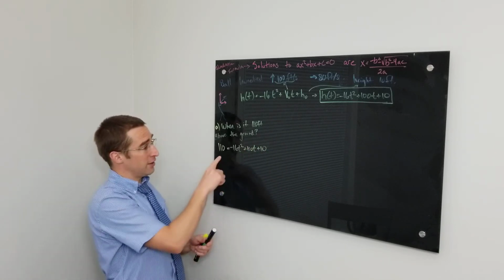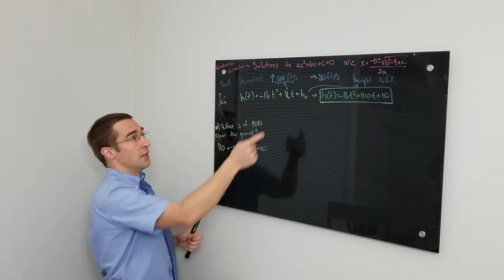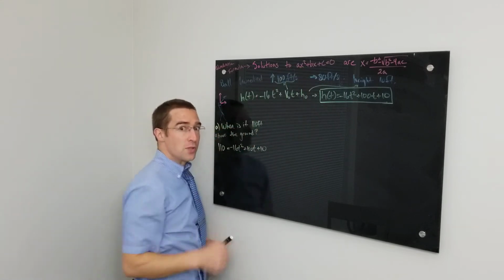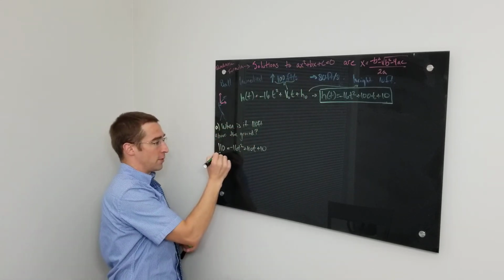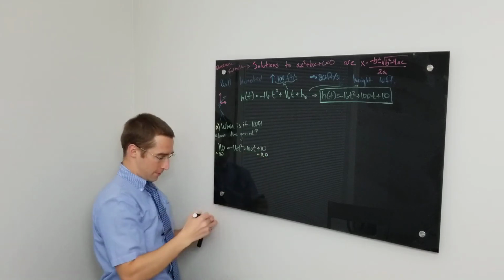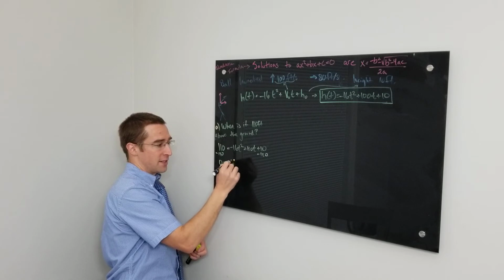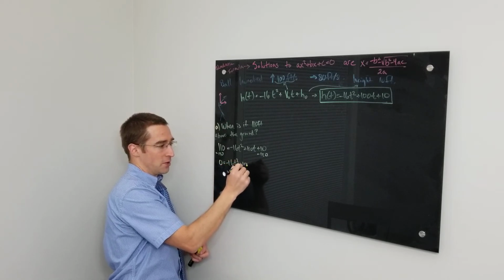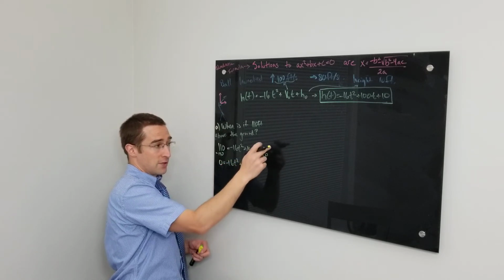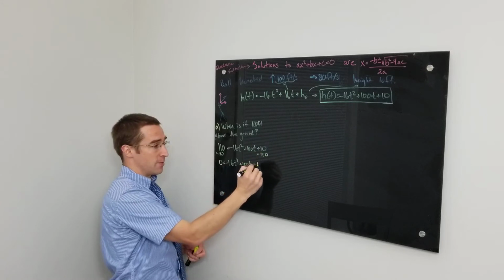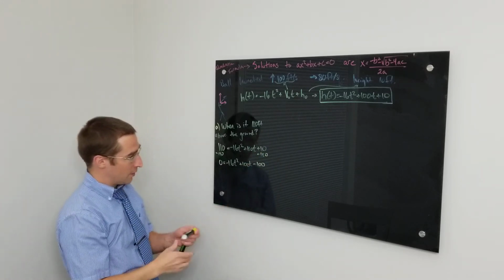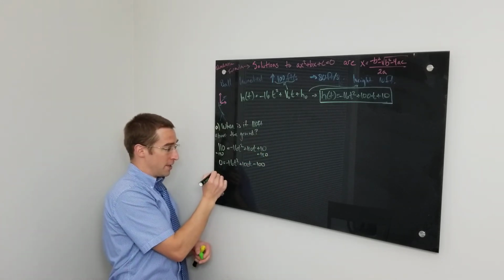And then here, hey look, we just have a quadratic equation. We're going to make it equal 0 and use the quadratic formula. So minus 110. That gives us 0 equals negative 16t squared plus 100t minus, so it's 10 minus 110, so it's minus 100. What's a, b, and c?